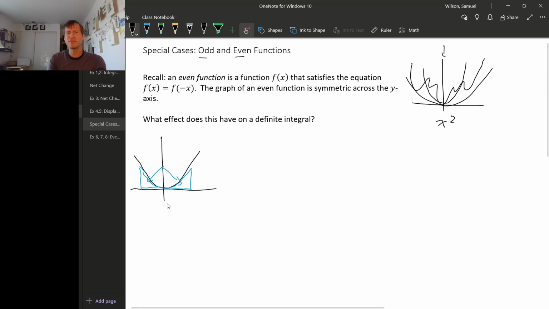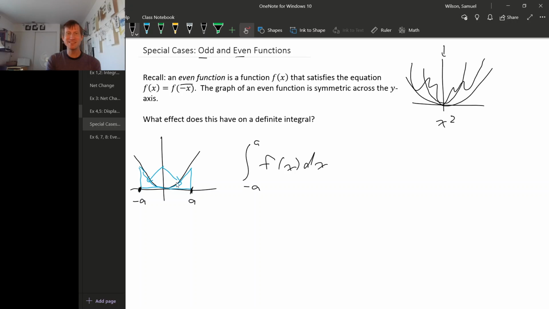What would that mean for a definite integral? Let's say that this x value out here is, let's call it a. By symmetry, this x value over here is minus a. So if you have an even function, all of the area here is going to be the integral from minus a to a of f of x dx.